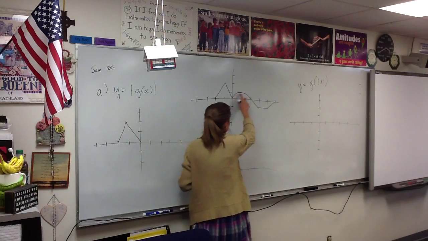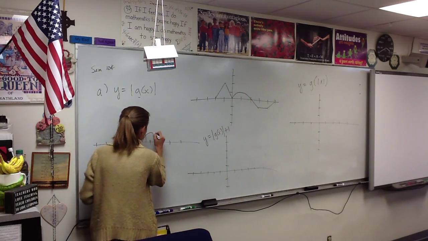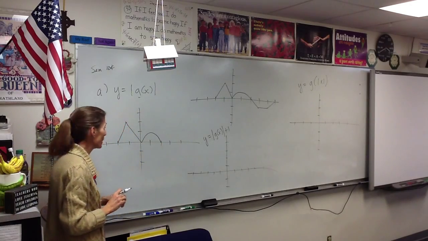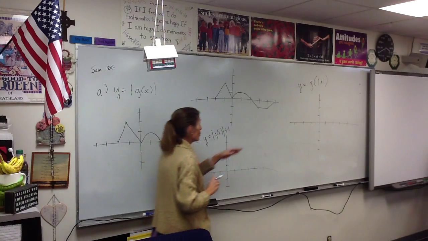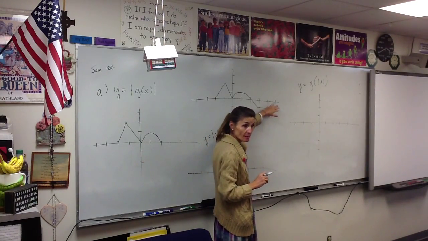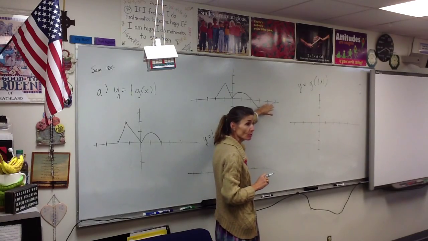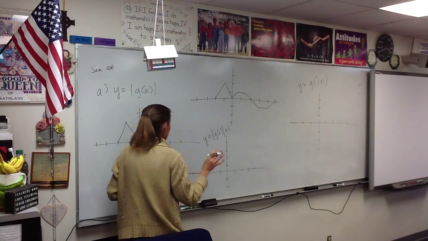Now, what about this circle? It's already positive, so it doesn't even change. It just gets drawn exactly the way it is. But uh-oh, what about our trapezoid? We have to make it positive, so what are we going to do? Just flip it up. Now, the whole thing doesn't flip.